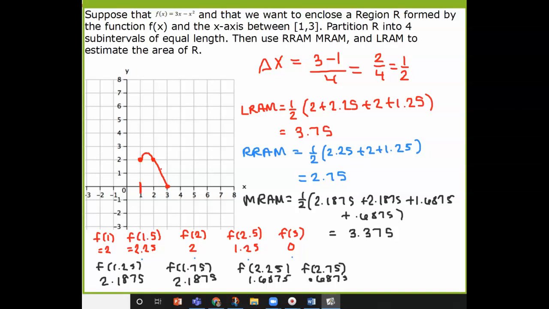So if you averaged LRam and RRam, the average of those is 3.25, so we can see the MRam is 3.375, and in this case, once again, I'm going to think that MRam is the most accurate based on the shape of our curve.